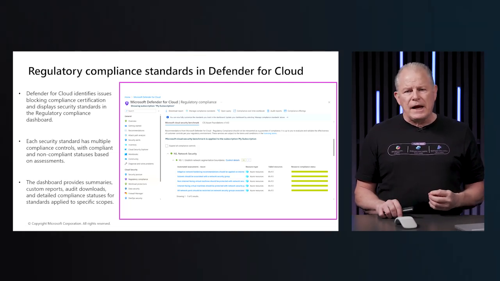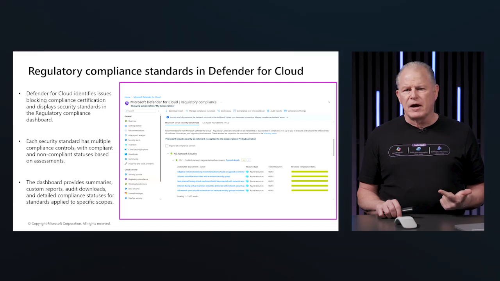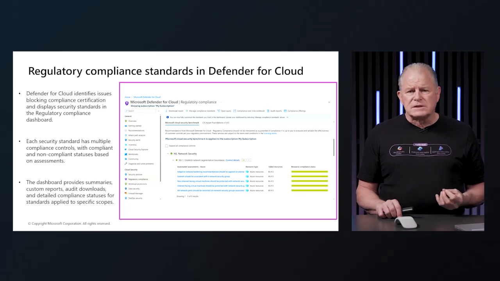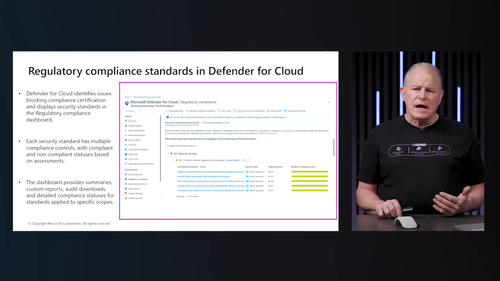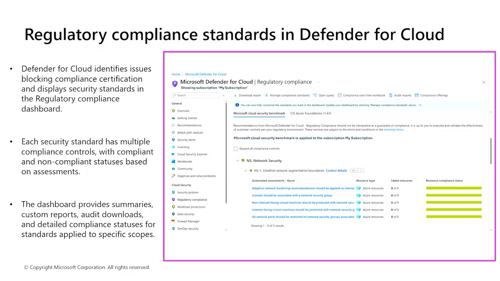The Regulatory Compliance Dashboard provides an interactive overview of the compliance state, allowing users to get summaries of standard controls that have been passed, review standards that are applied when the selected scope is assigned, review assessments for compliance controls within each applied standard, generate custom compliance reports and auto downloads, and track compliance standards over time in a thing called the Compliance Over Time Workbook, and I'll be showing that to you in another demonstration.